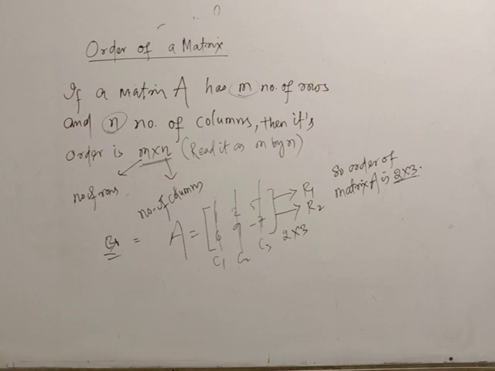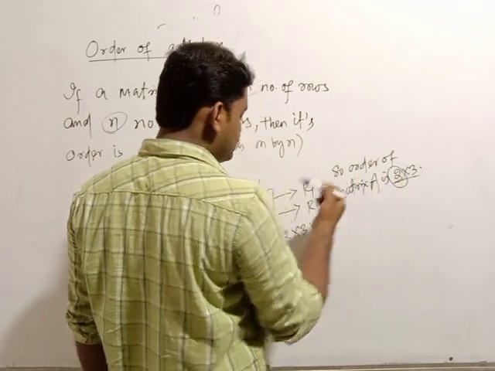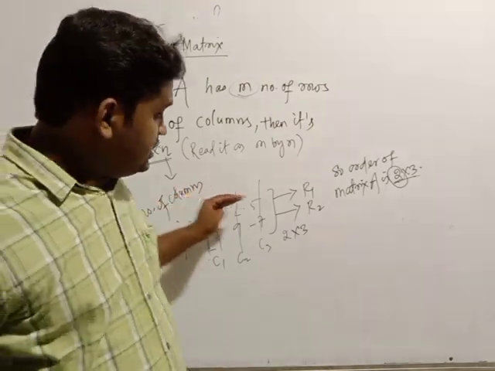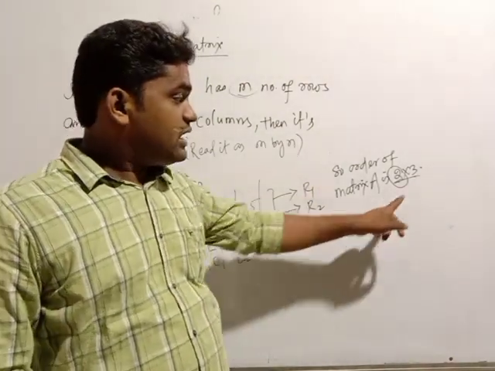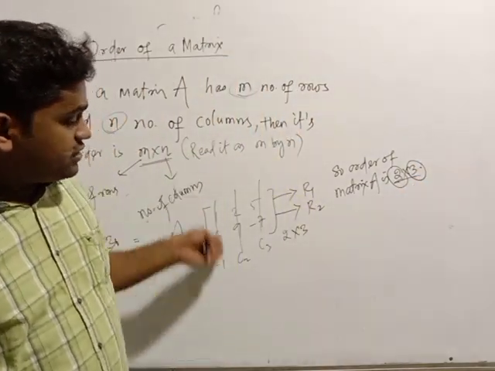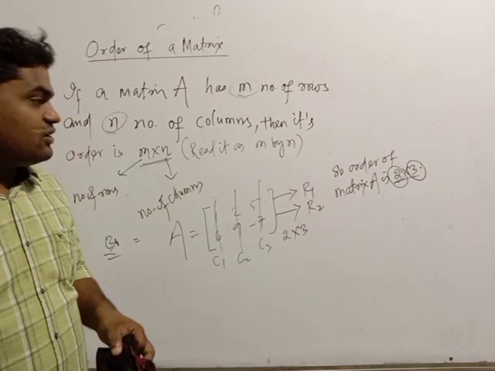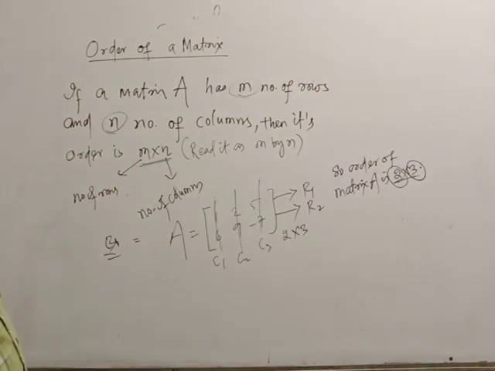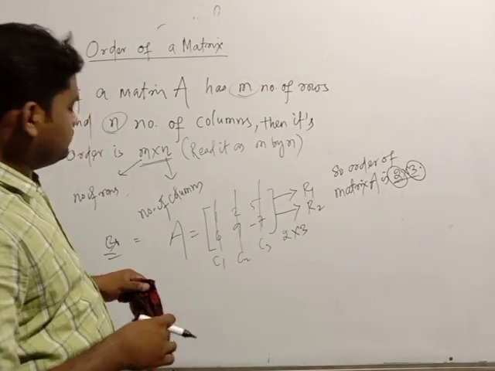The first number stands for the number of rows, the horizontal lines, and 3 stands for the number of columns, the vertical lines. So here we studied what is a matrix, how to write it, and the order of a matrix.